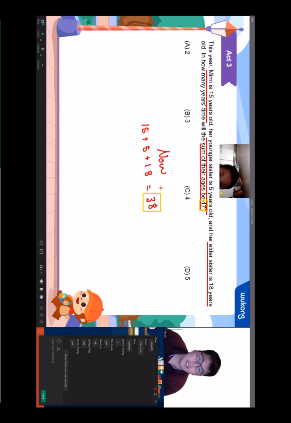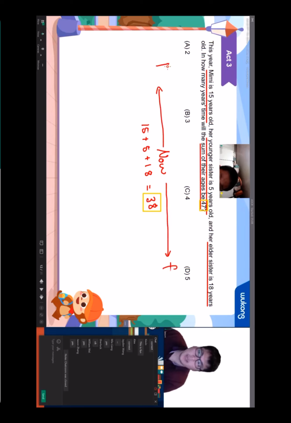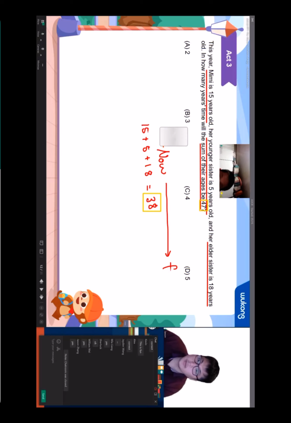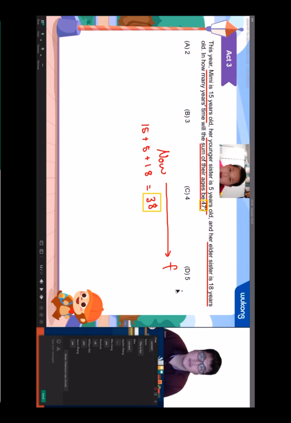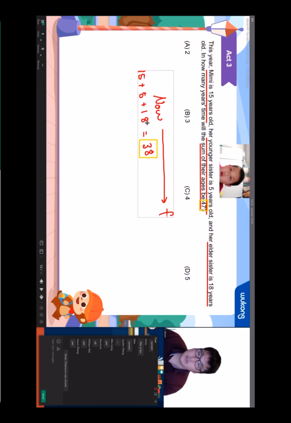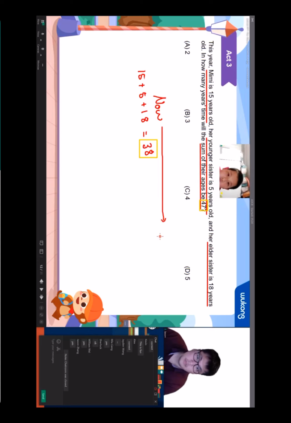So does that mean we need to work with the future or with the past? Which one? Future. Yes, future. Because, Kevin, 47 is much bigger than 38, isn't it? Yeah. Okay, so that's why we need to work with the future. So, right, future.